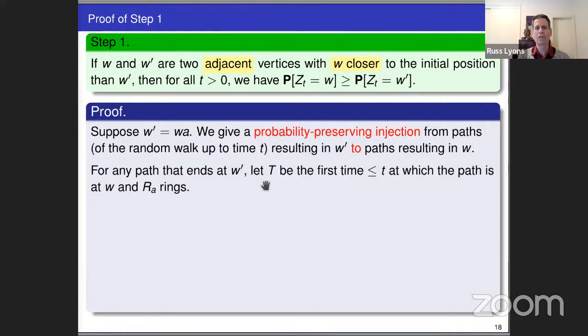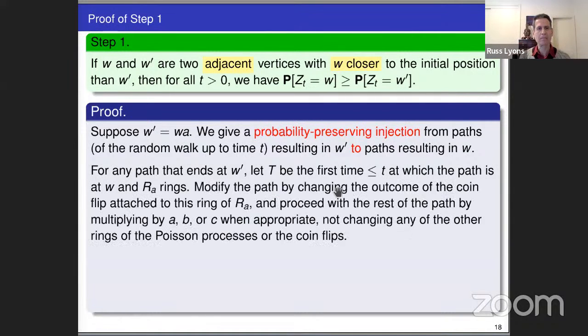And let's say capital T is the first time that this happens, and the refresh clock must ring at some time also. Of course, it could be there and leave without the refresh clock ringing, but at some time you must cross, so this R sub A must ring at some time, okay? When it's at W. Let T be the first time.